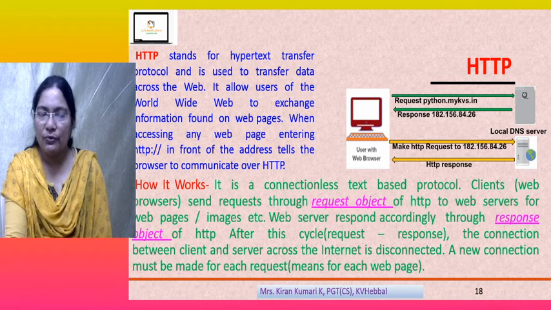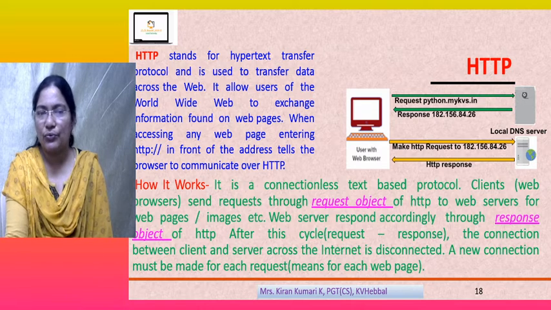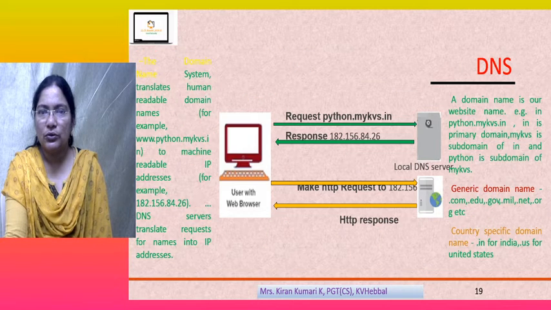So every time you make one more request, a new request object is made, and a new connection is made for each request, meaning for each web page. Clear? You can look at the diagram also.